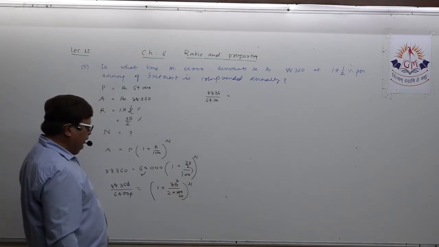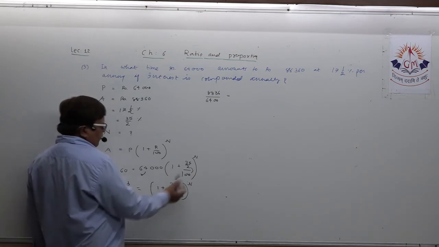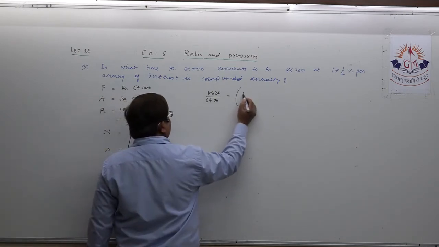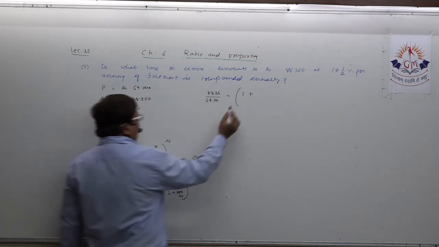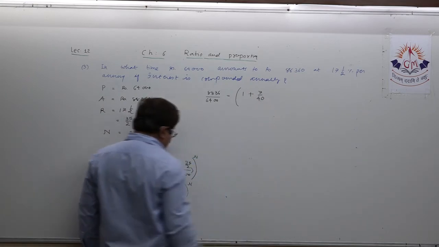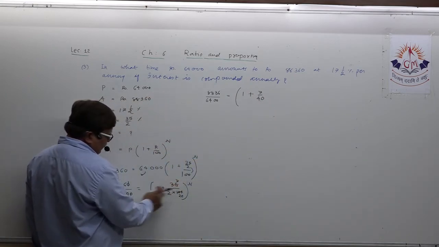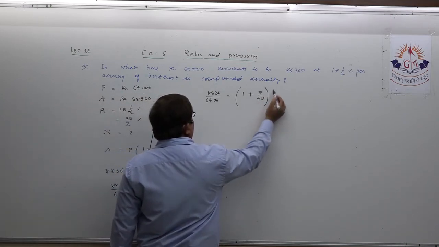This is the only cancellation possible, so it looks like 1 plus 7 upon 40, raised to n.